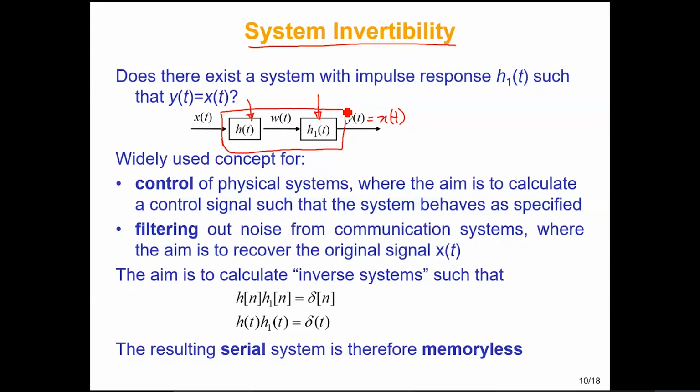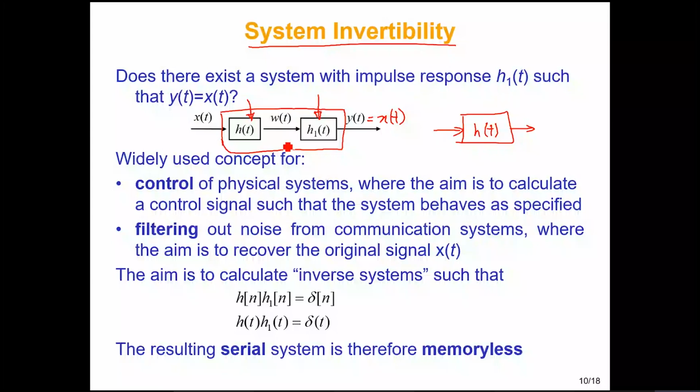Now we have already seen that if you have two systems in series or cascaded together, we can just replace it with an equivalent system whose impulse response h(t) would be given by the convolution of these two impulse responses. So if you have two systems h1(t) and h2(t), their equivalent would be just the convolution of h1 with h2.